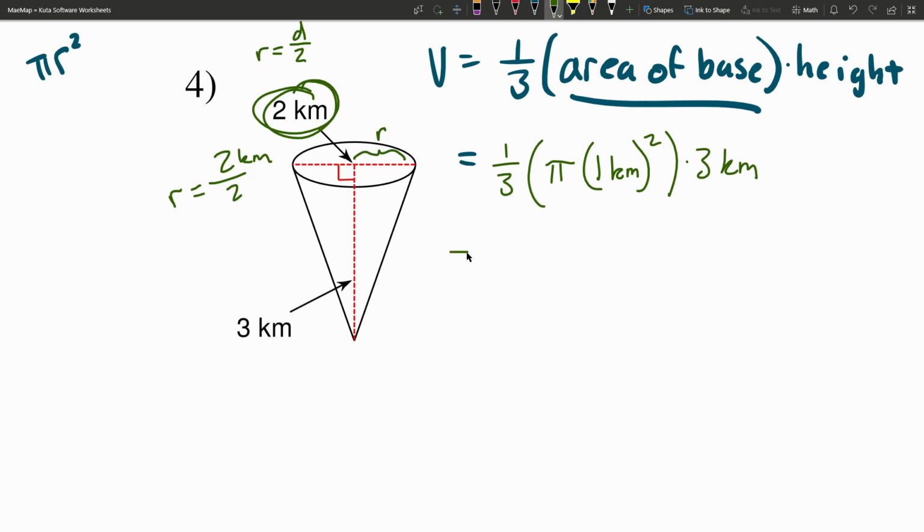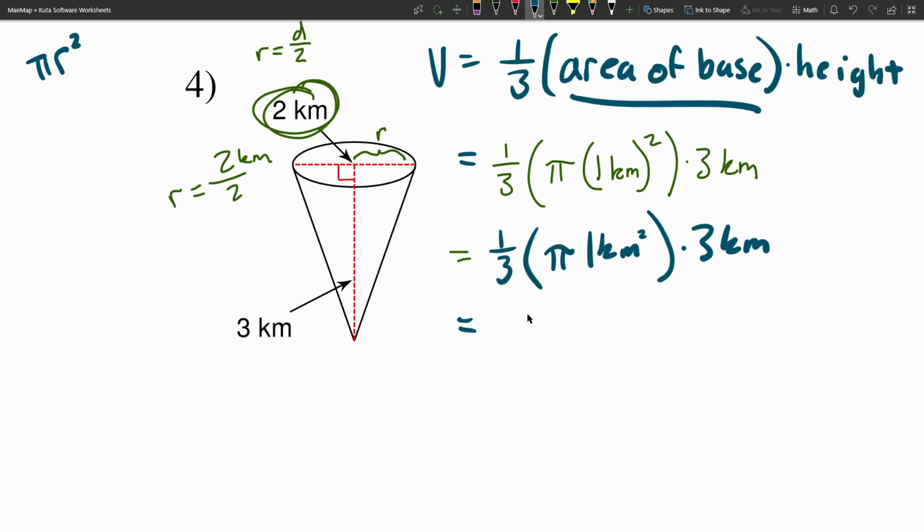So let's calculate this out. The area of our base, pi times r squared: our radius is 1 kilometer, and 1 kilometer squared is just 1 squared times kilometer squared, which is 1 kilometer squared. So we have 1/3 times pi times 1 kilometer squared, because 1 squared is just 1, so we just change our label to 1 kilometer squared, and that's multiplied by 3 kilometers.